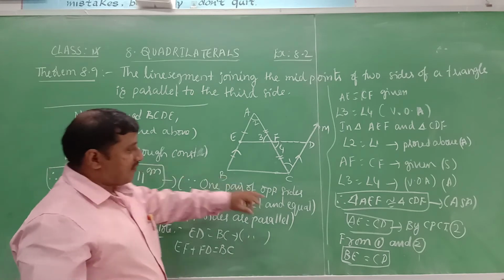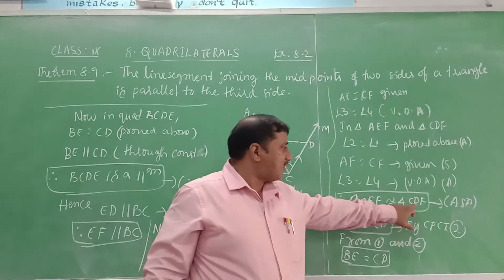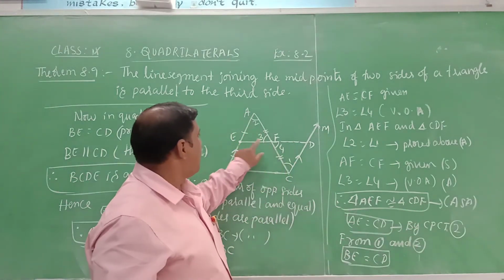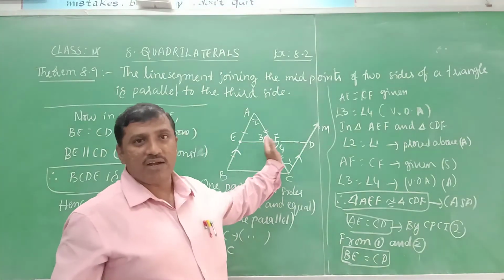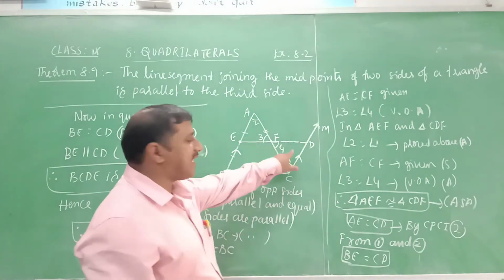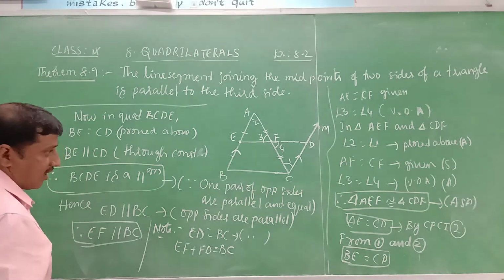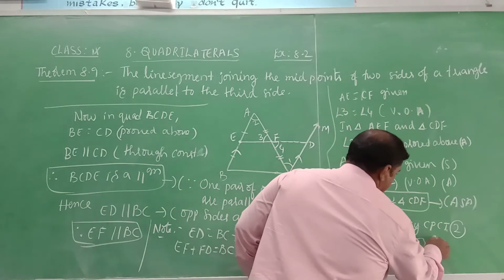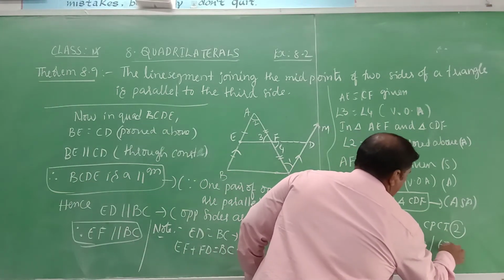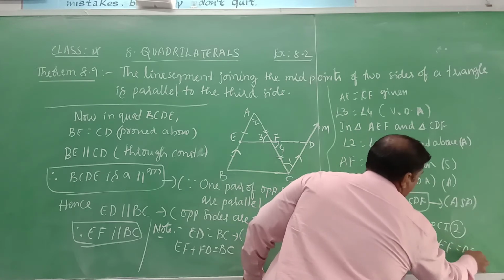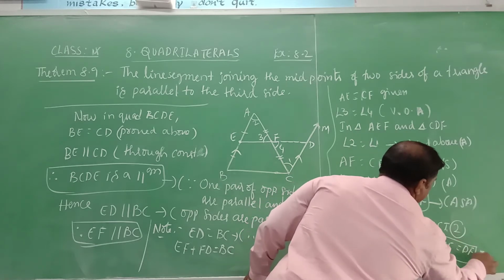We know from these two triangles EF is equal to DF. Both are equal. By CPCT, the two sides are equal. Here you can write another CPCT: EF is equal to DF by CPCT.